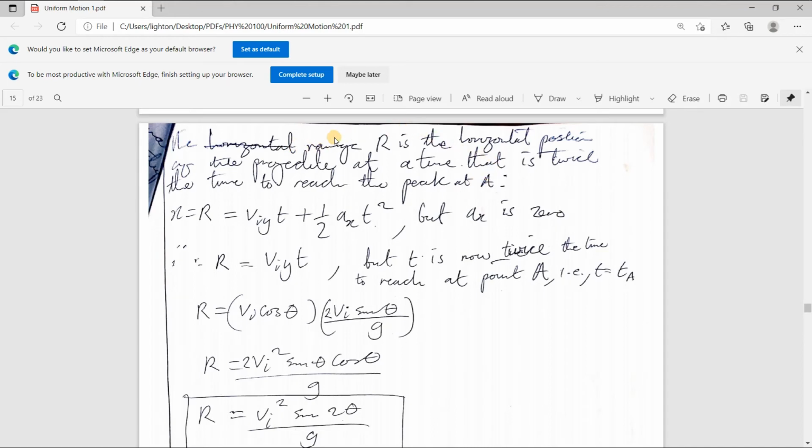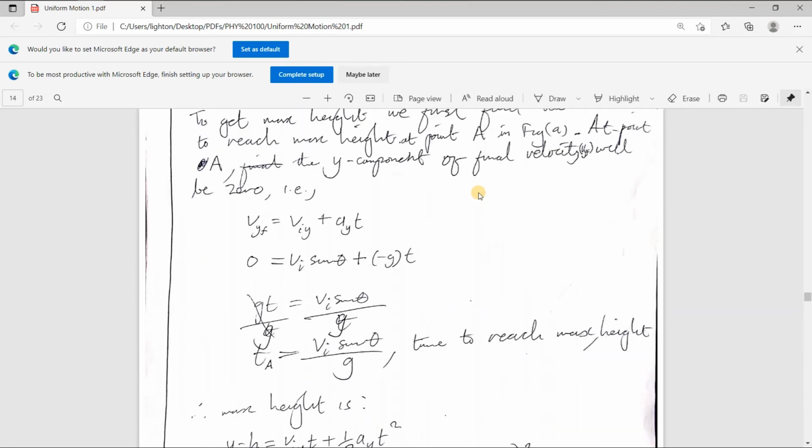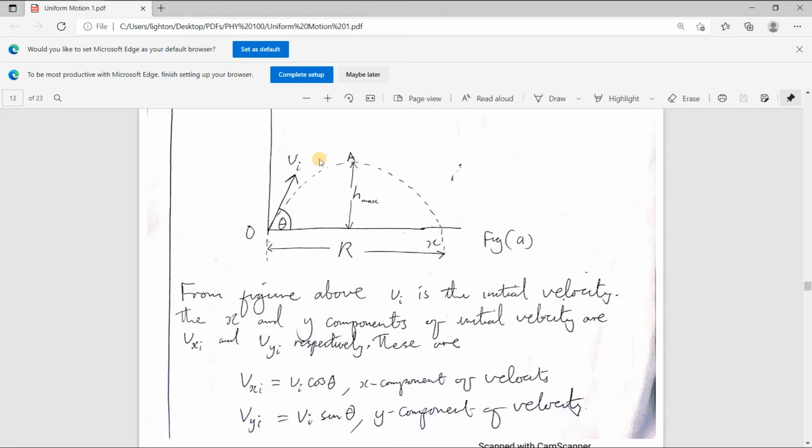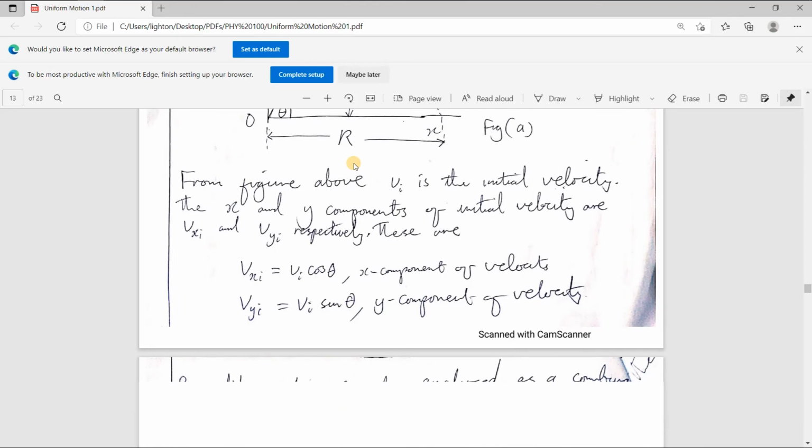What we just mean is that to get the horizontal range, we must take the time which is twice the time to reach point A. So whatever time we found at point A, we must multiply it by 2 if we want to find the displacement for the horizontal range. You must use that time, which is twice the time at A.